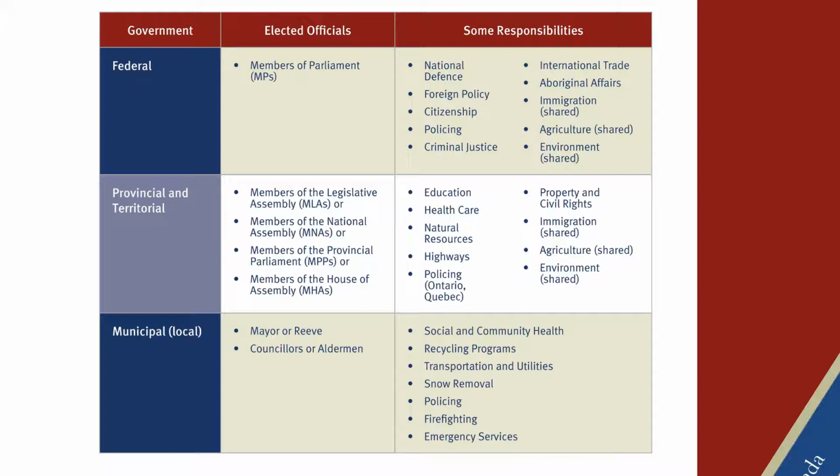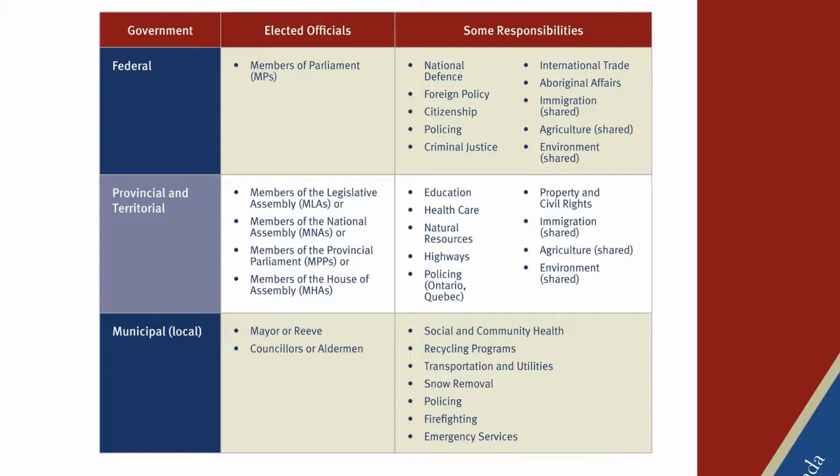Some responsibilities at this level of government include national defense, foreign policy, citizenship, policing, international trade, criminal justice, Aboriginal affairs, immigration, agriculture, environment. Of these examples, immigration, agriculture, and the environment are shared responsibilities with the provincial or territorial level of government.